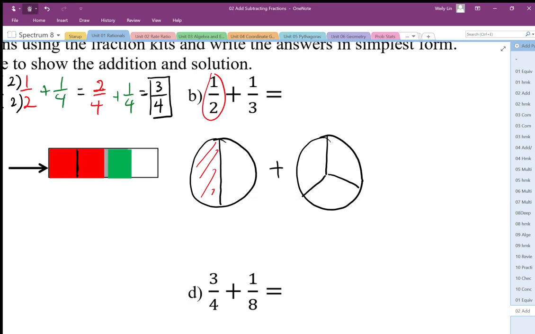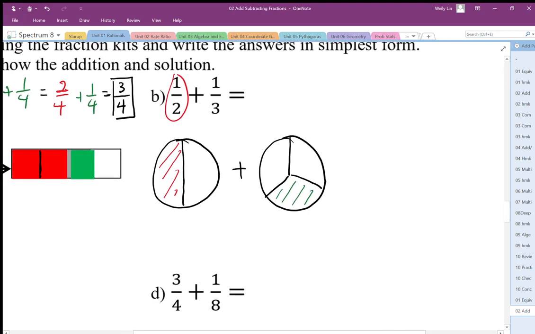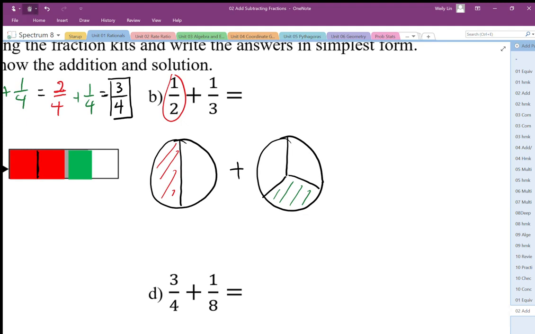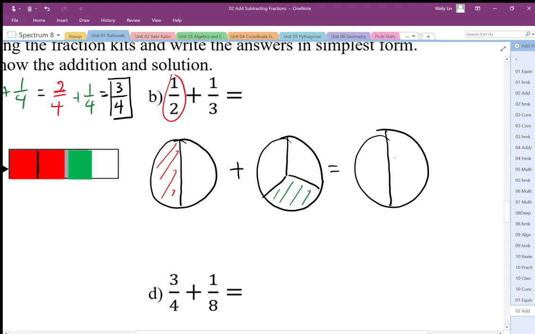And my 1/3 fraction, I'll do it in green. I know my answer is going to be equal to a 1/2 plus a 1/3. So it's going to look like this. There's my 1/2 fraction, and in green, I have my 1/3. This is definitely the solution.